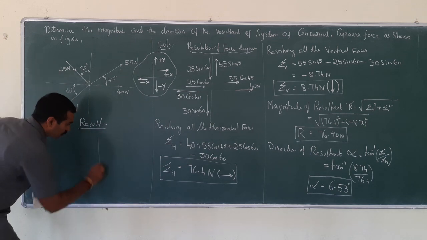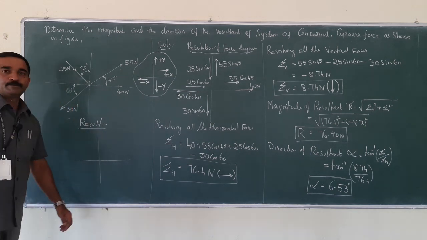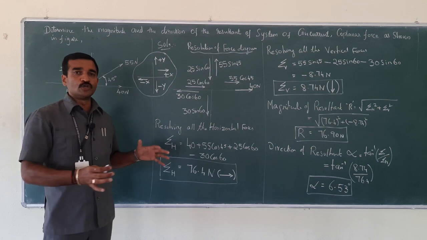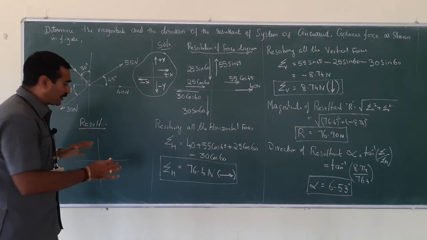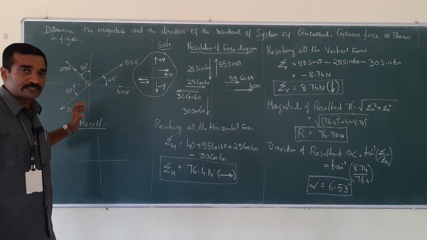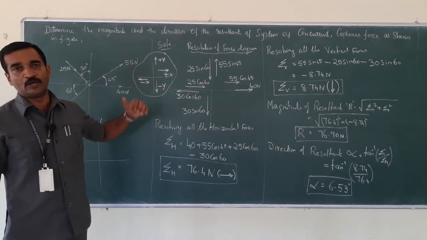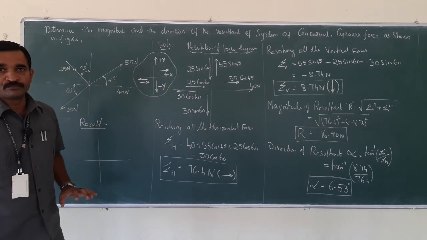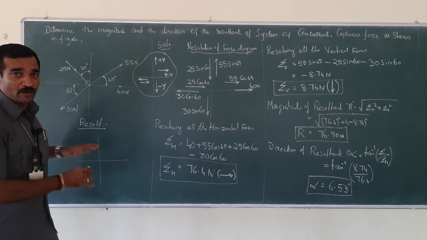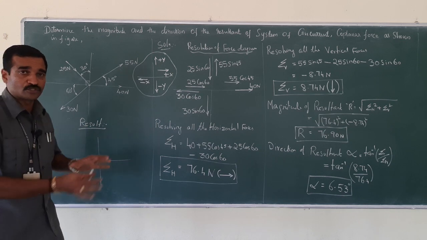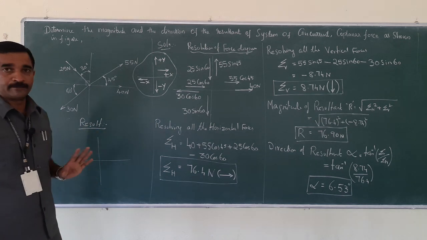So first let me draw the four quadrants, and now I am going to capture the summation H value, summation V value, R value and alpha value in this picture. Just follow carefully how I am going to capture or produce this information in this quadrant.